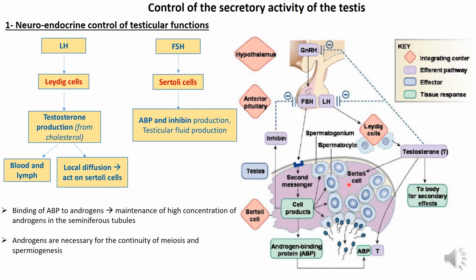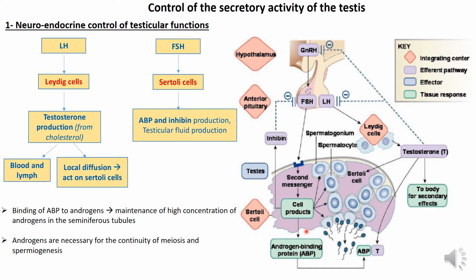And from another part, we have the Sertoli cells, which can respond to the FSH. They have receptors for the FSH and will respond to the FSH by producing ABP and inhibin. And they produce also the testicular fluid under the action of the FSH.